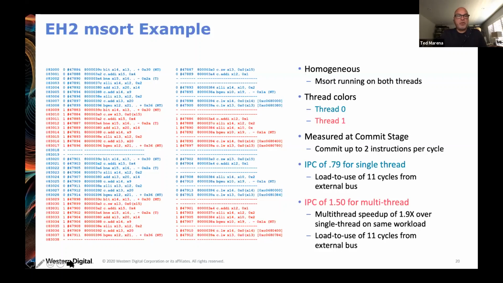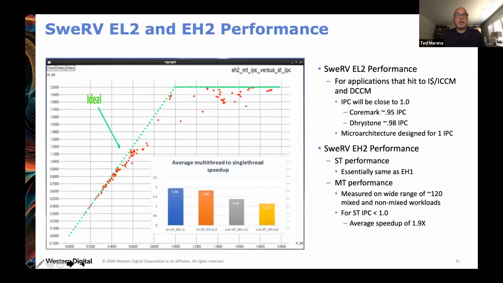Let me show you some data across what I think is very representative, and let me explain this chart. On the left, this is the number of multi-threaded instructions per clock cycle. It starts at 0, and then here's 1 instruction per clock cycle, and then 2 instructions per clock cycle.